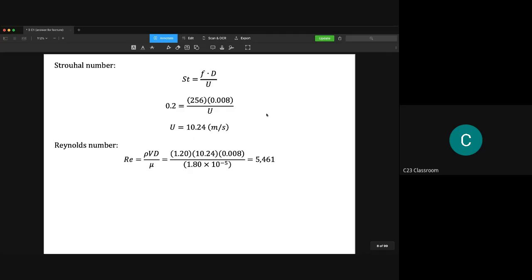And then the calculation is quite easy. We have the Strouhal number, which is 0.2, and then we substitute all the values. We could get that U is equal to 10.24 meters per second. And then we could calculate the Reynolds number, which is equal to 5,461.